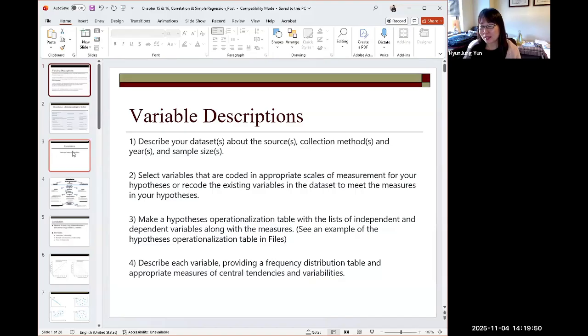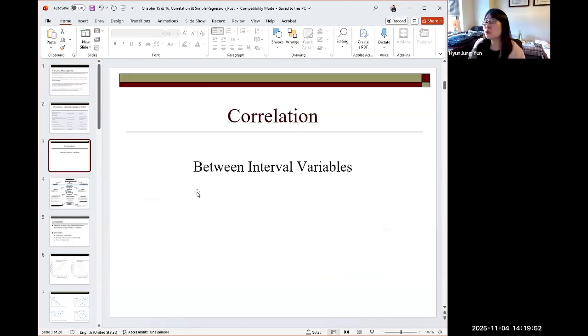So this week, it is the first time for us to move to statistical analysis dealing with only interval variables. Okay, only interval variables. Whether you really think about which one is the independent variable and which one is the dependent variable, regardless, they are related, they're correlated, or they are close.